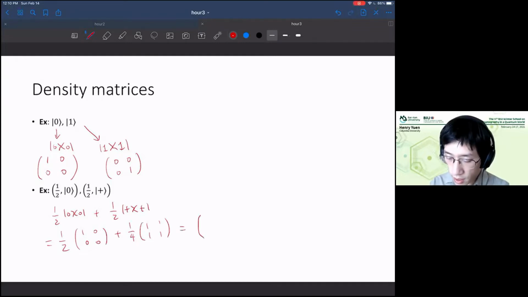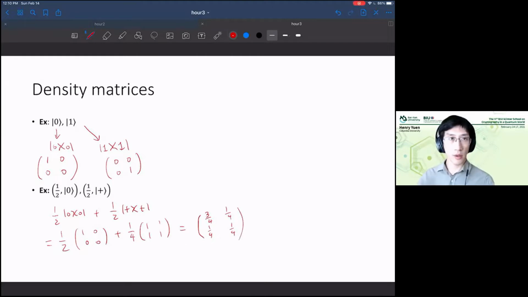And then we should get 3/4, 1/4, 1/4, and 1/4. Okay, so you can check that this is a density matrix.